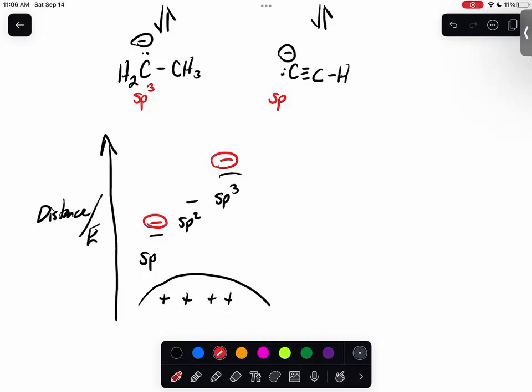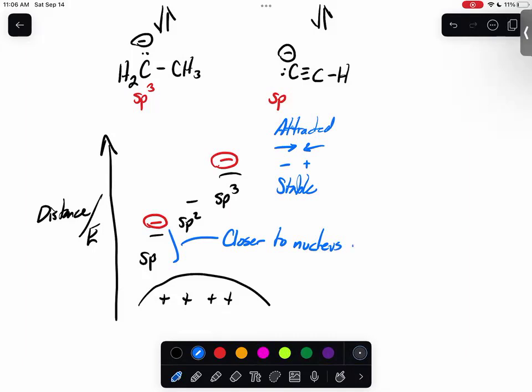But as we've said a couple times before, negatives and positives are attracted, right? And this is a stabilizing effect. And so the closer we are to the positive charge, the better. So that tells us that this, being closer to the nucleus with the negative charge, is more stable, right?